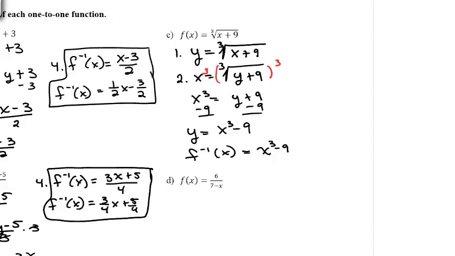Okay, and on this example and the last example for these finding the inverses, I just wanted to show you how you tell whether something is an inverse of one another or not. And the way that you would do that is with the f of g and g of f stuff that we learned before. So you want to put the inverse function into the function.